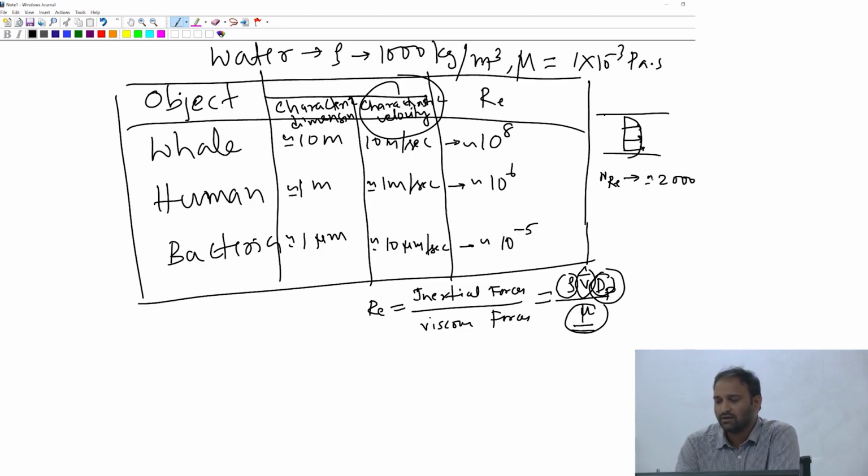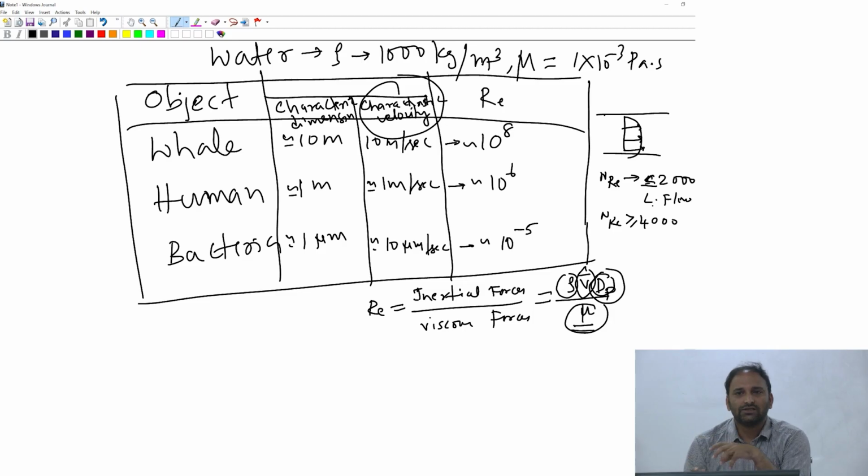Anything that is less than or equal to 2000 is going to be laminar. It depends on the textbook. McCabe Smith is 2100, so it's about 2000. Anything less than that is laminar flow. What about turbulent flow? Something about 4000, right? Anything above 4000 is turbulent flow.